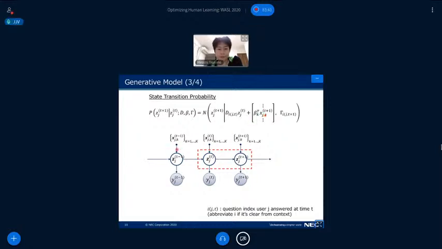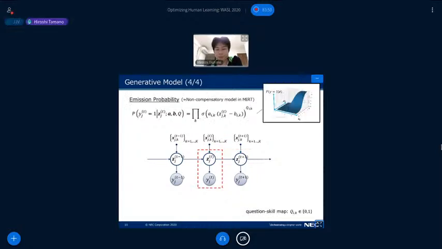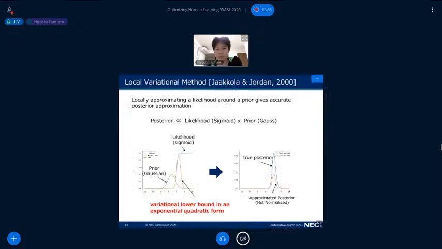So I also wanted to ask, you showed that you had superior performance to methods like deep knowledge tracing.